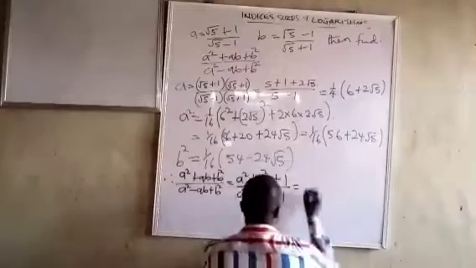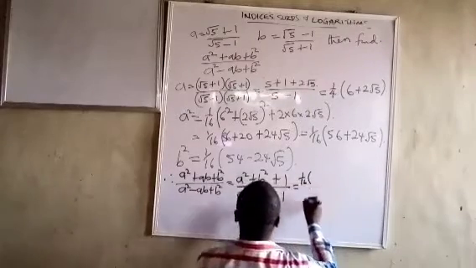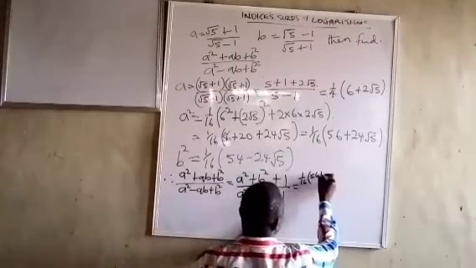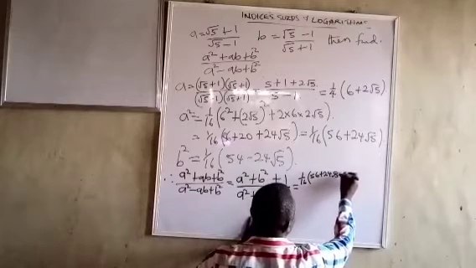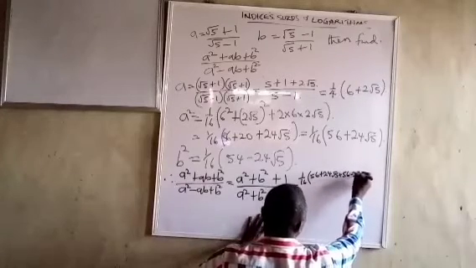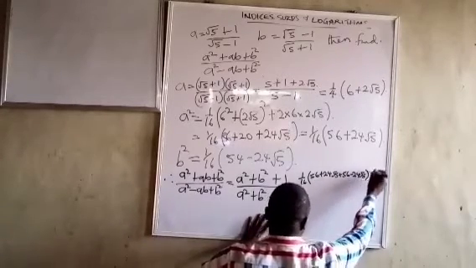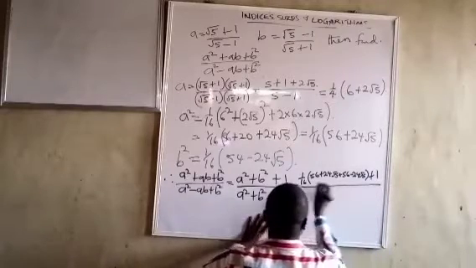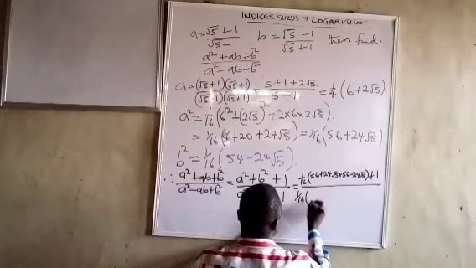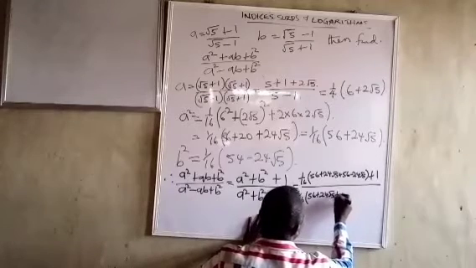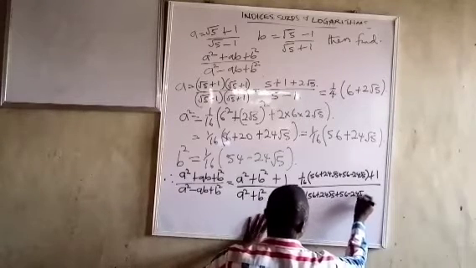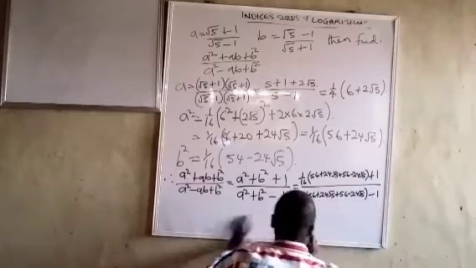That is going to give us 1 over 16 into 56 plus 24 root 5 plus 56 minus 24 root 5, plus 1, over the same thing minus 1.